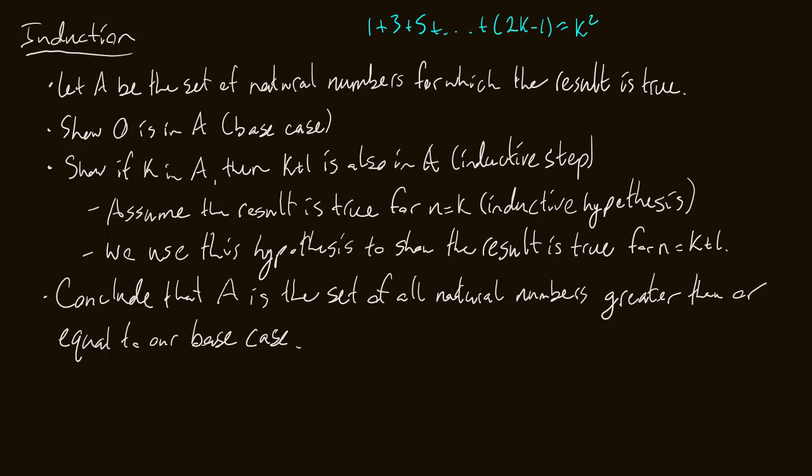And so the first thing I'm going to do is prove that that equality holds, the one written in blue, for all natural numbers greater than or equal to 1, right? And what we're going to do is use this exact template to do that.